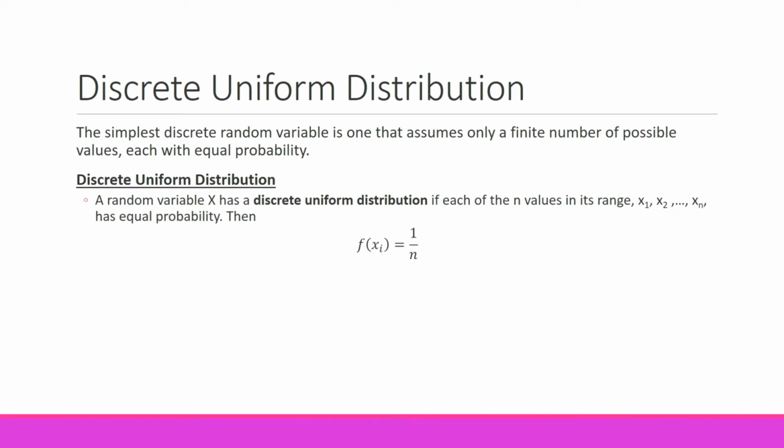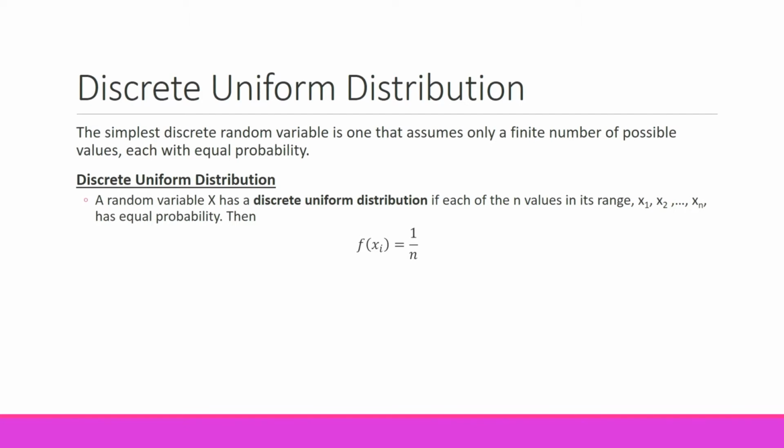Now, while you may not have designated it as a discrete uniform distribution, you have encountered this many times. Whether you're talking about flipping a coin, there's only two outcomes, heads and tails. Well, each of those outcomes has equal probability, assuming you're flipping a fair coin.